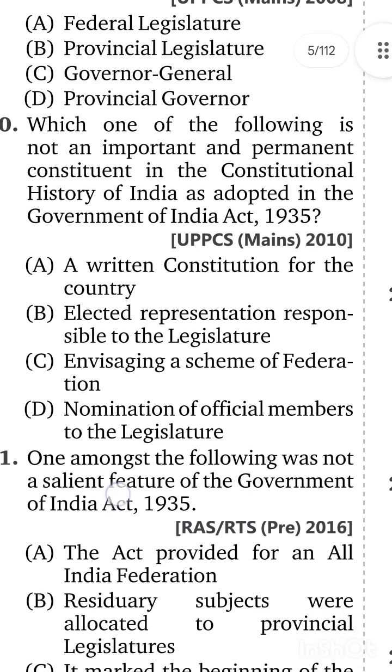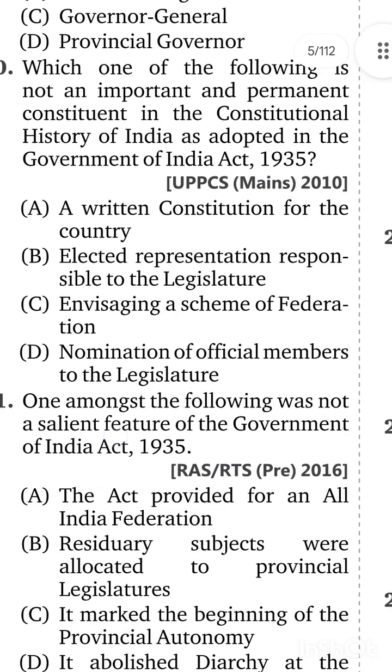Okay. Option is A, written constitution for the country is not important. Other all are important: elected representative responsible to legislature, envisaging a scheme of federation, nomination of official members to legislature. All are according to Government of India Act 1935.